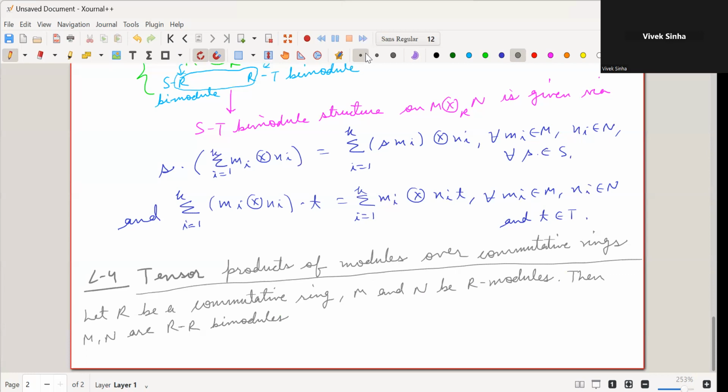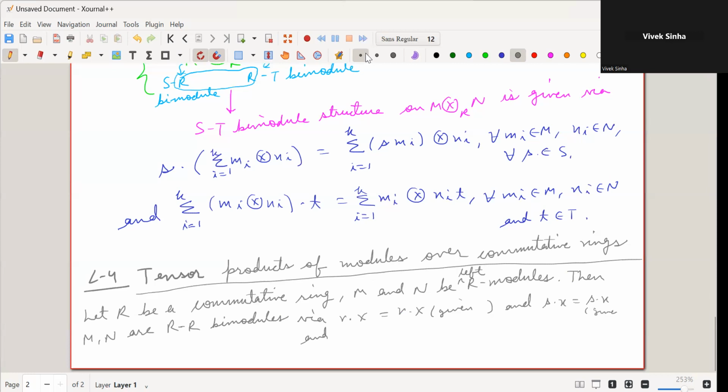So we have r dot x is simply r dot x. Let's say these are left R modules, and this is given, and for N we have s dot x, again just s dot x.